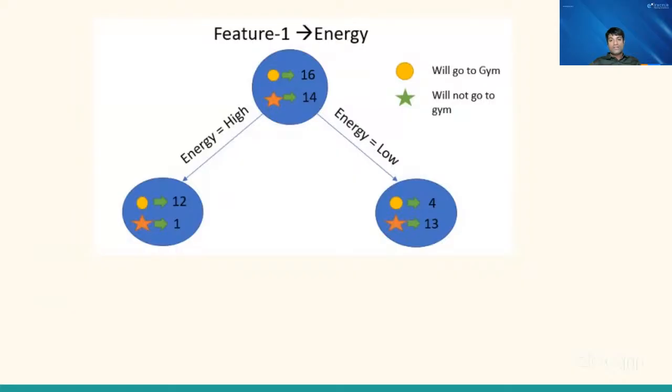The circle indicates that the person will go to the gym. Of the 16 people who go, 12 have high energy, and one with high energy doesn't go. If the energy level is low, 4 people go to the gym and 13 people don't.